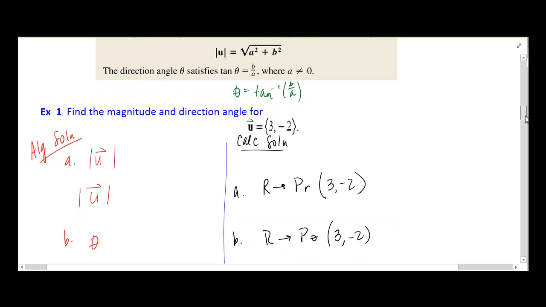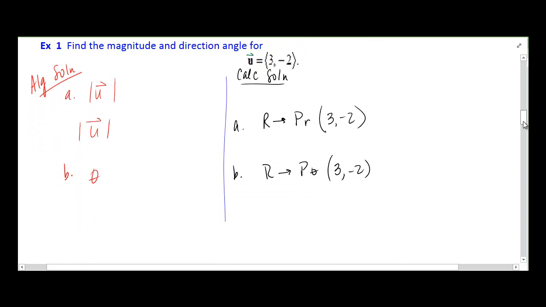So there's two ways for us to do it. The first part we're going to work over here on the left-hand side is figuring out the answer to this question algebraically. So if I am given that the vector u is equal to 3 comma negative 2, well, what is the magnitude of u?